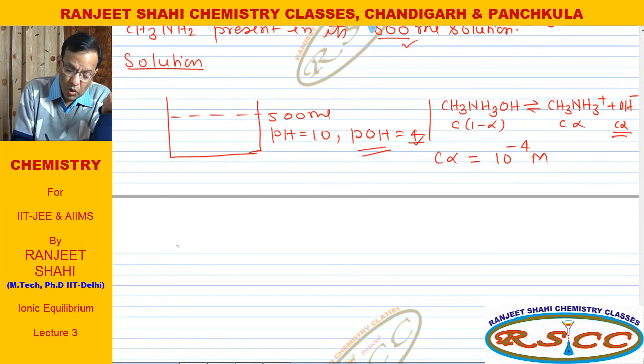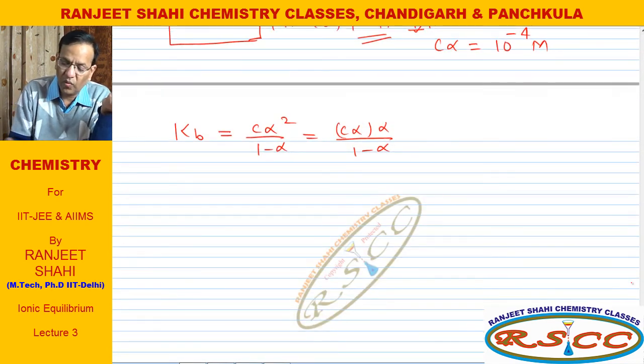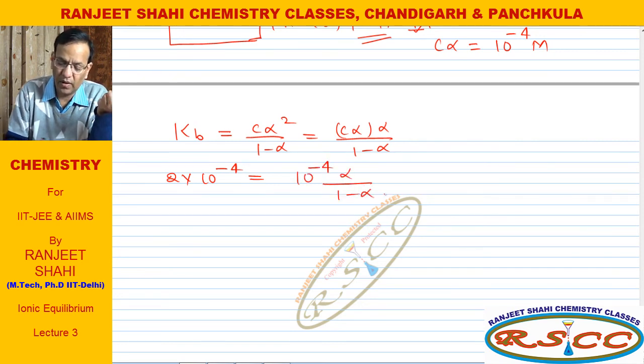Now if we write the expression of Kb, the standard form is C alpha square upon 1 minus alpha. So it is C alpha into alpha upon 1 minus alpha. Now if we substitute the value, Kb is 2 into 10 raised to the power minus 4 is equal to C alpha, which is 10 raised to the power minus 4, into alpha upon 1 minus alpha.